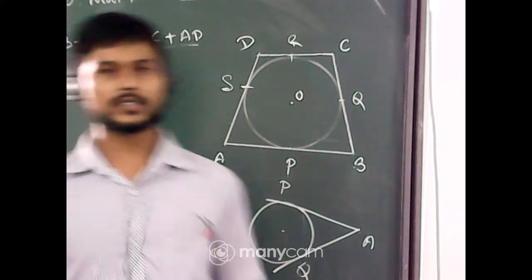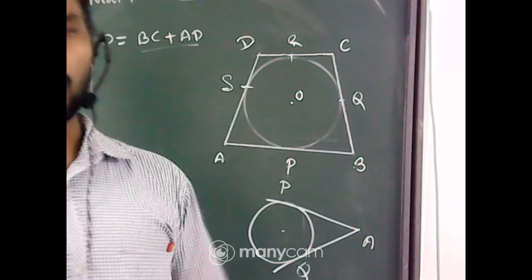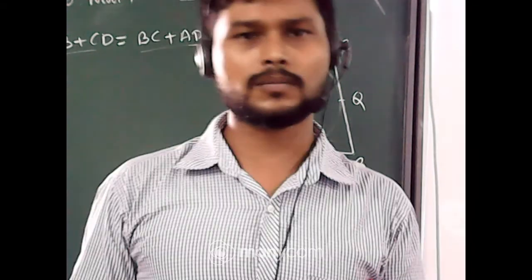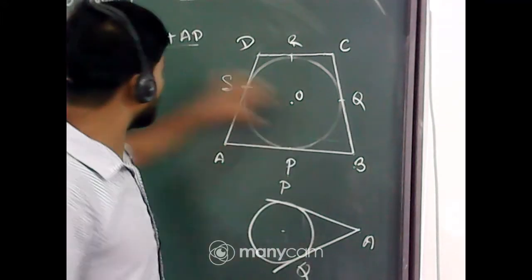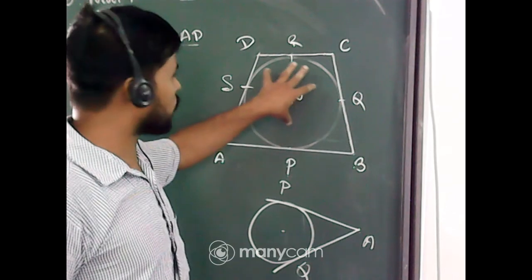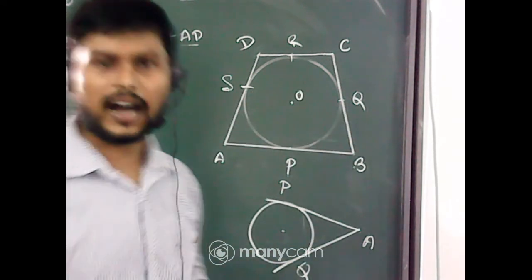The statement was: the lengths of the tangents drawn from a point outside the circle are equal to each other. We just have to use this theorem to prove that the sums of the opposite sides of a quadrilateral which circumscribes a circle are equal to each other.